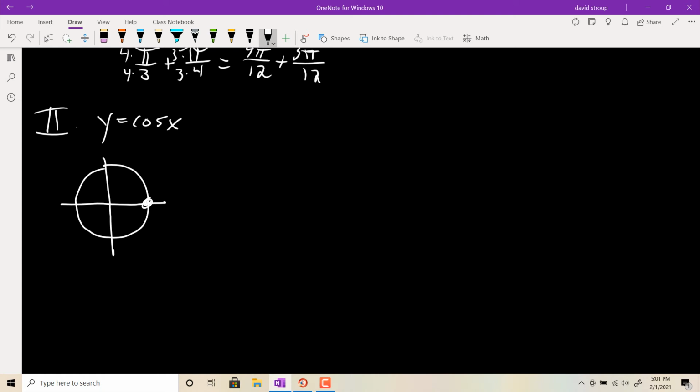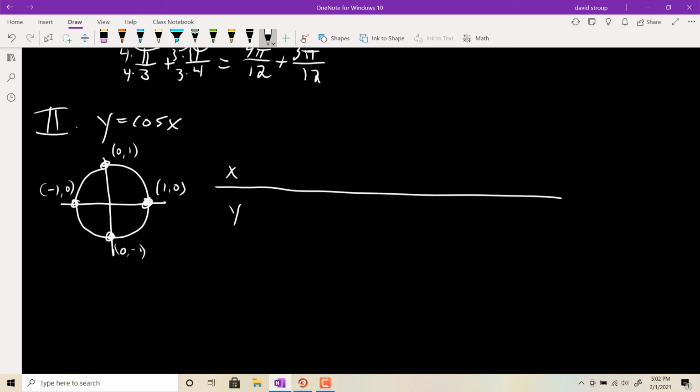Okay, where the cosine is kind of the x-coordinates of these points. So this is 1, 0, 0, 1, -1, 0, and then 0, -1. And then we want to go x, y, where y is equal to cosine now. Okay. So cosine of x.